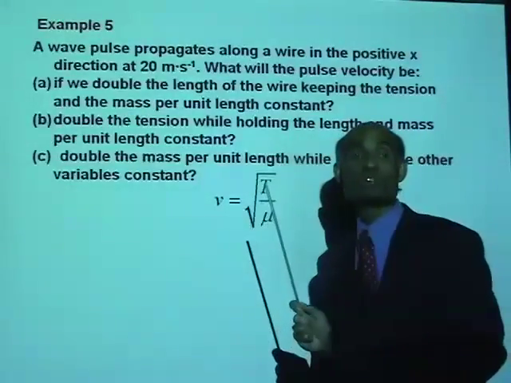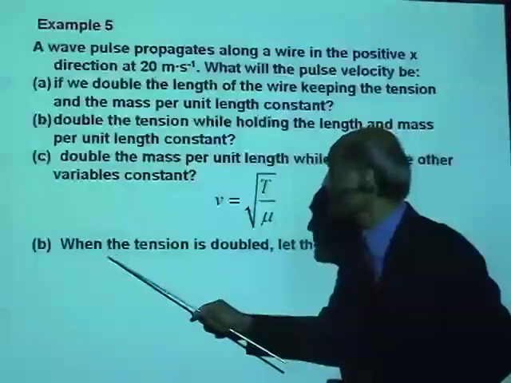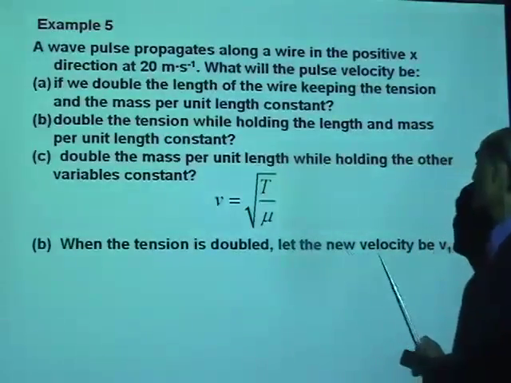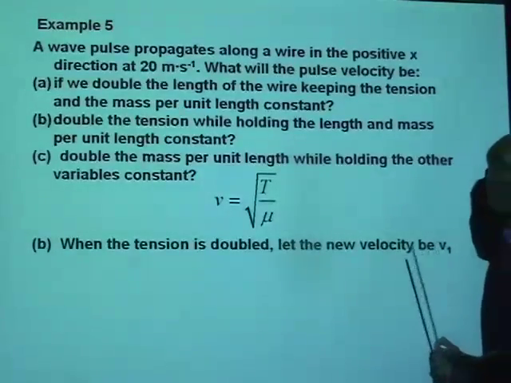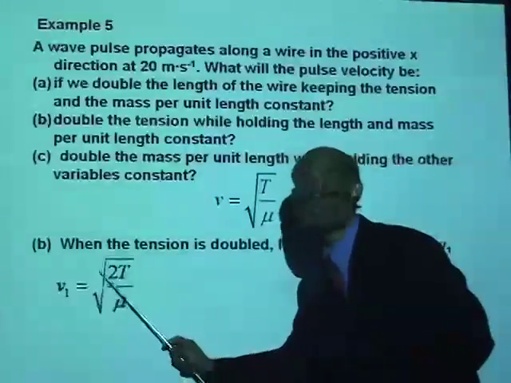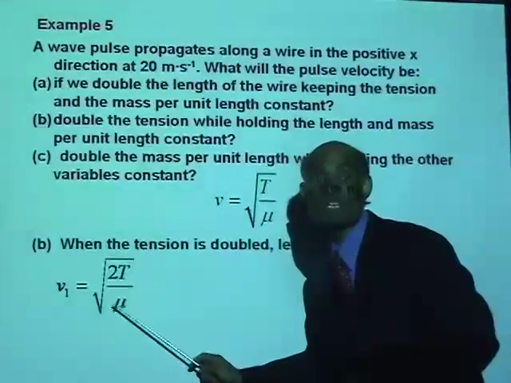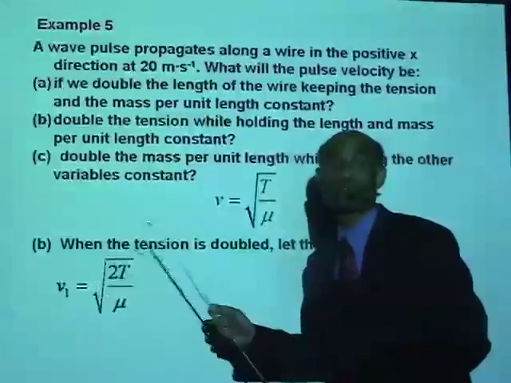V equal to square root of T over mu. When the tension is doubled, let the new velocity be called V1. Then what will V1 be equal to? V1 is then equal to square root of 2T divided by mu, because the tension is doubled.